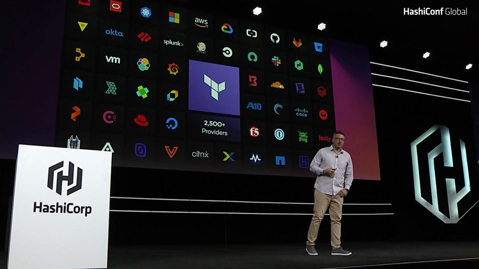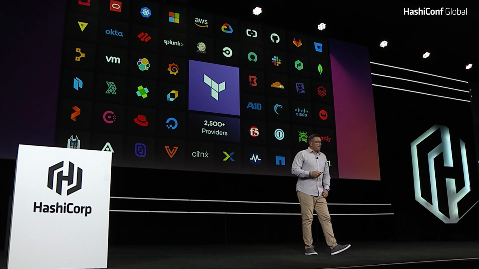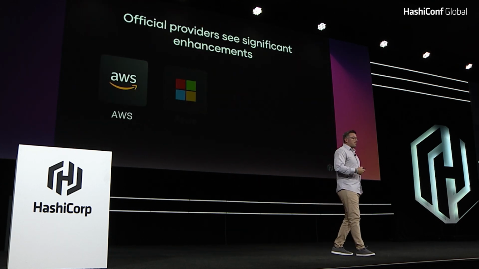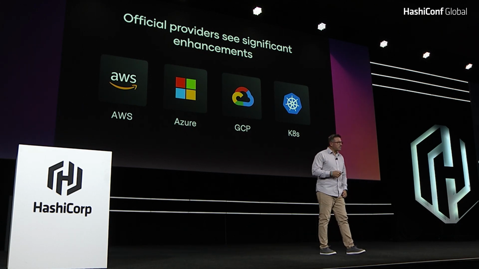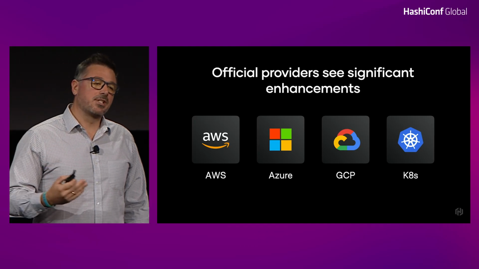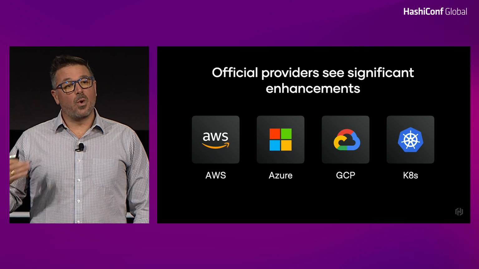Let's go a little bit into the Terraform ecosystem. It still is mind-blowing. Every time we look at the Terraform registry, there's more and more providers being added by the communities. Last time I checked, it was over 2,500 providers. However, there's a few set of providers that are officially supported by HashiCorp. And we'll talk about some of the enhancements that we're making to the way we do that.